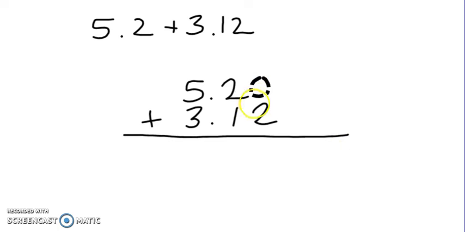And we know that we could keep on adding as many zeros as we needed to. Once they're behind the decimal, it's not going to change the value of that number. So now everything looks nicely lined up, and I can add the way that I normally would. 2 and 0 is 2. 2 plus 1 is 3. My decimal point stays right there. 5 plus 3 is 8. So my answer would be 8 32/100.